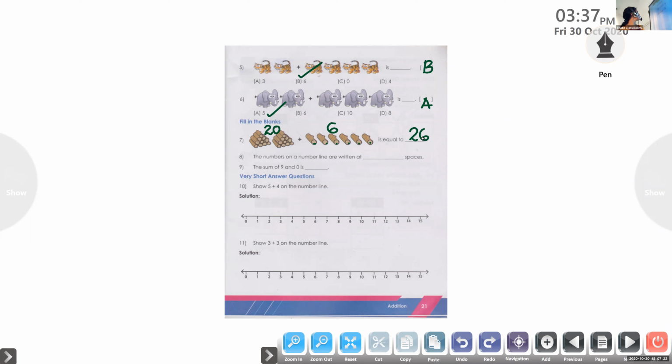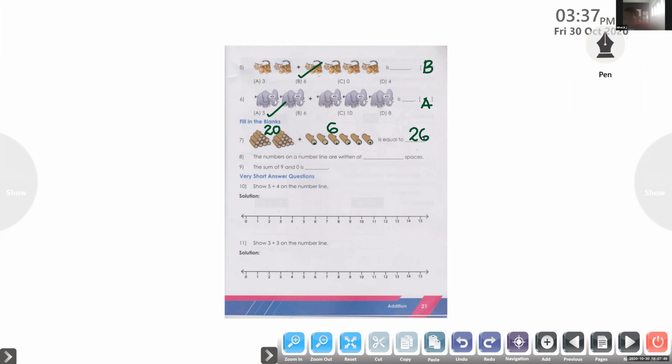Then Nihal, what about the next one? Question number 8. The numbers on a number line are written at dash spaces. S-P-A-C-E-S. Spaces.